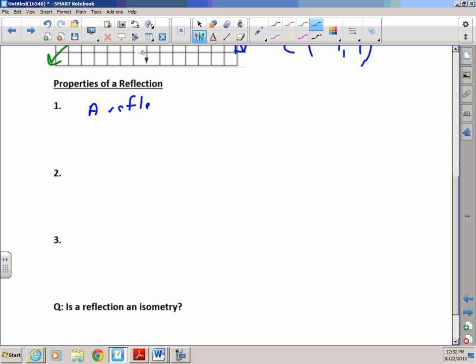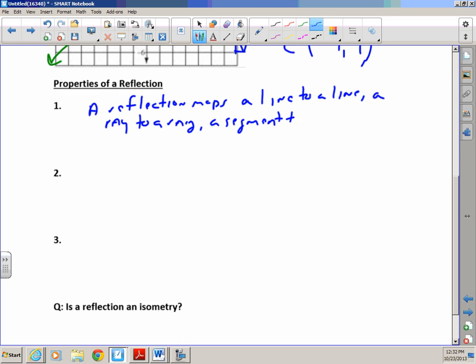A reflection maps a line to a line, a ray to a ray, a segment to a segment, and a point to a point.